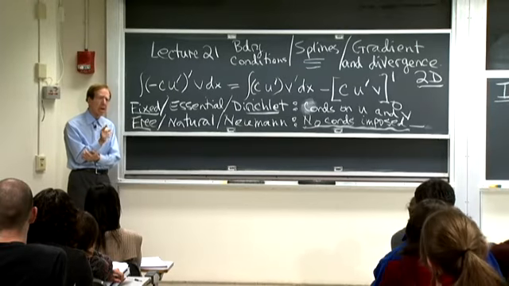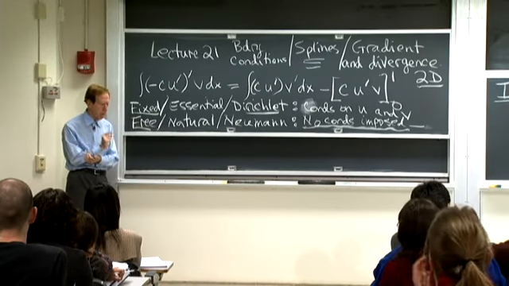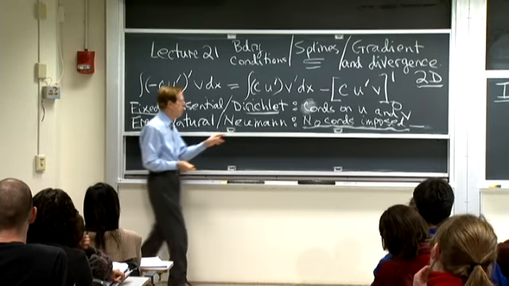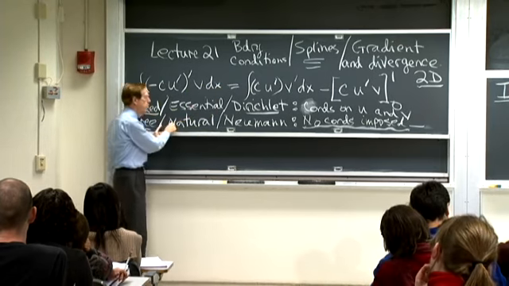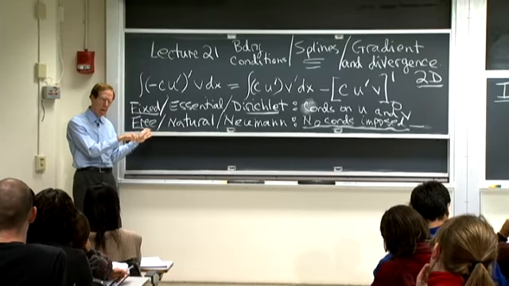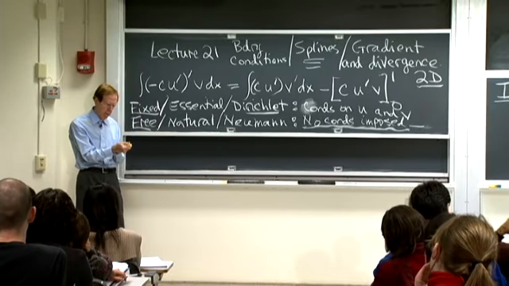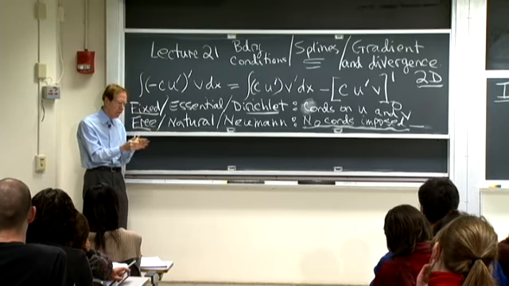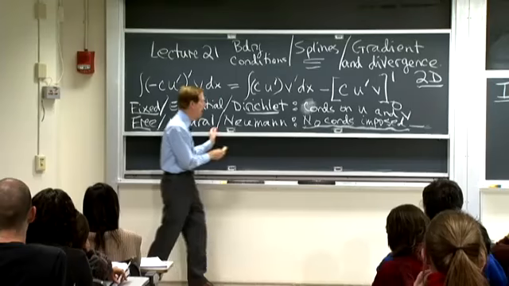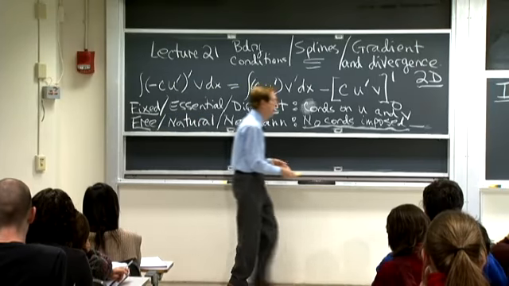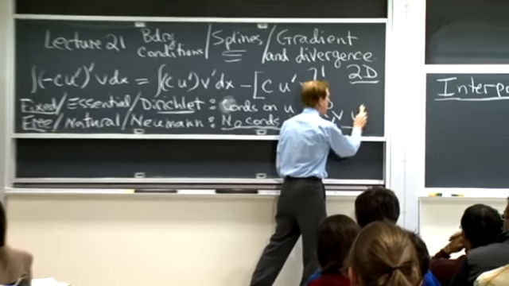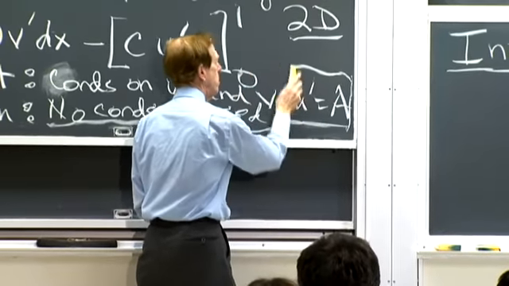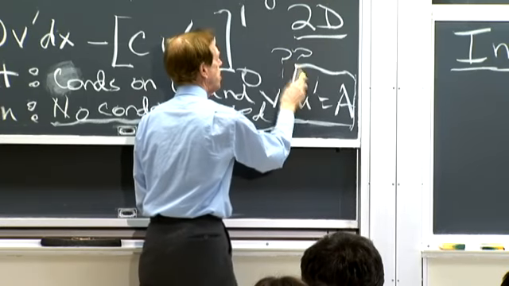Now, somebody asked on Wednesday a good question. Suppose Neumann, suppose u prime is given, but not given as 0. So suppose we have a condition like u prime equals a, let's say. What to do? So I'll just put a question mark there.